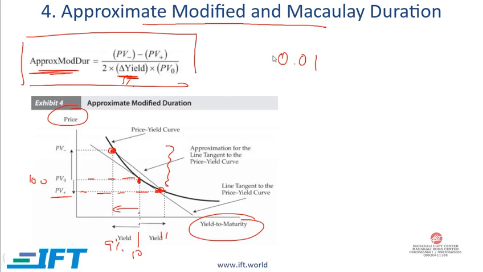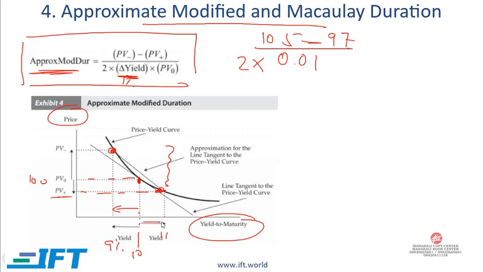To plug in the numbers that I am using, let's just actually use numbers for PV minus and PV plus. Let's say that PV minus is 105, and that is going to be more than 100, minus PV plus, which is this number. Let's say that number is 97, and then 2 multiplied by delta y.